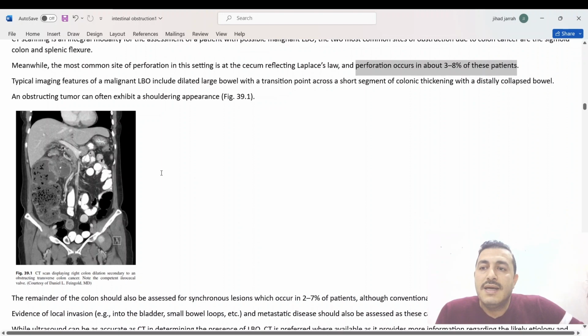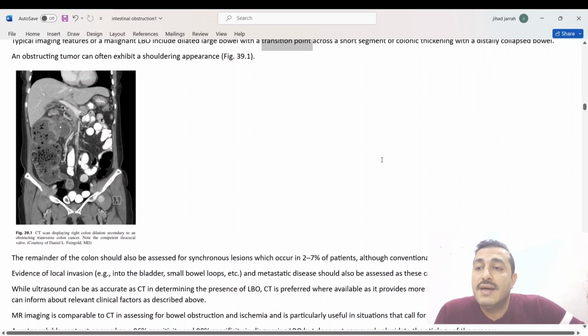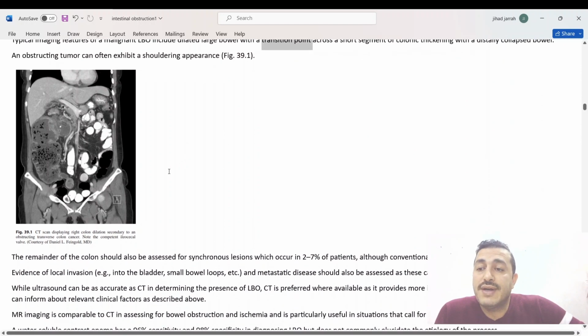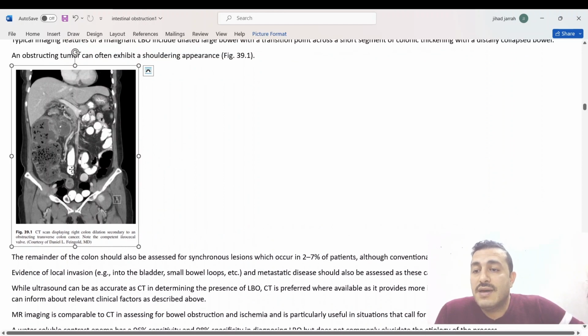CT helps us in picking up the malignant causes, especially when we see the transition point. Transition point means that the proximal bowel is dilated, the distal is collapsed, and we can see the shouldering. You can see here the CT scan. Here is, I think, a lesion in the transverse colon, while the ascending colon is dilated.